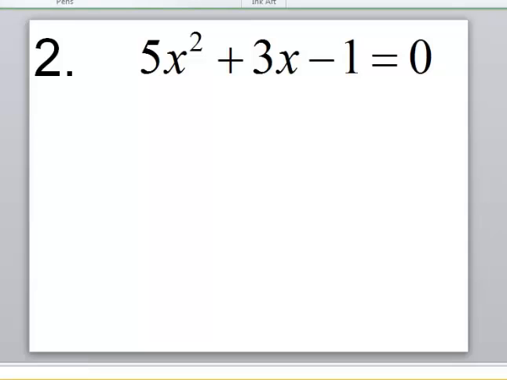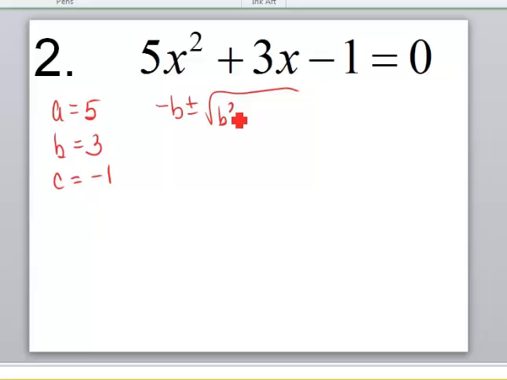The next one that we have here is a quadratic formula problem. We have a is 5, b is 3, and c is negative 1. So what we're going to do is plug those values in. The formula again is negative b plus or minus the square root of b squared minus 4ac, all over 2 times a.